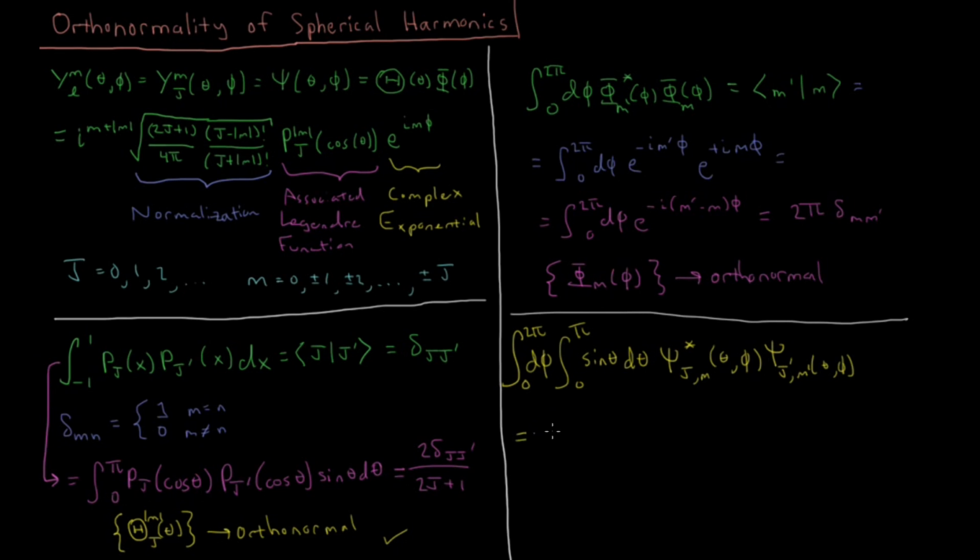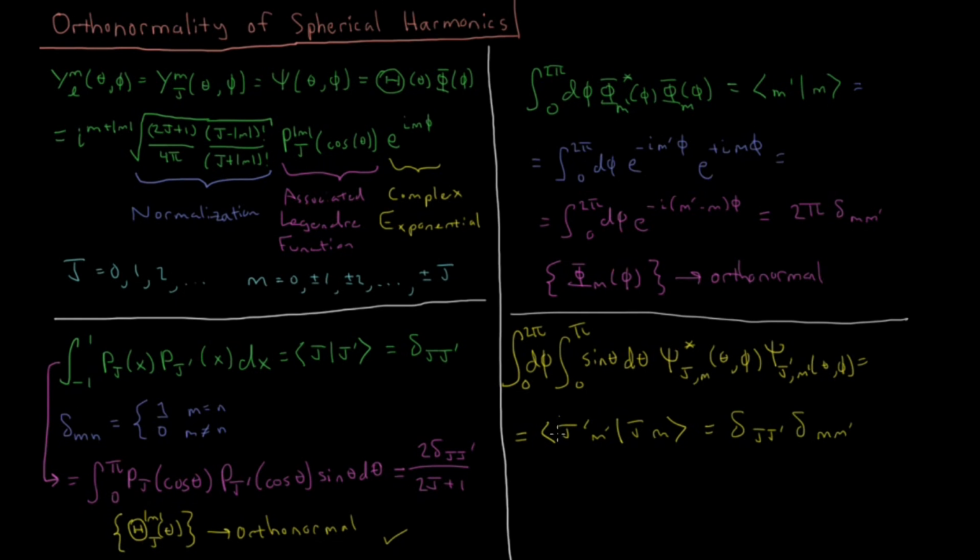And this would be equal to, under our notation, a Dirac bracket, which is j prime, m prime, j, m, which is going to be delta j j prime, delta m m prime.